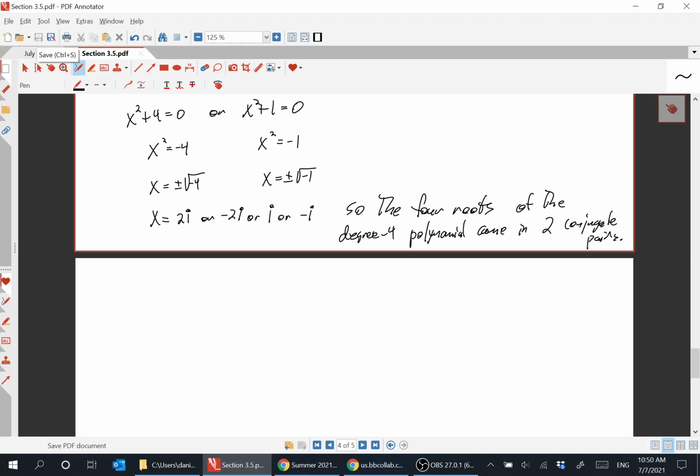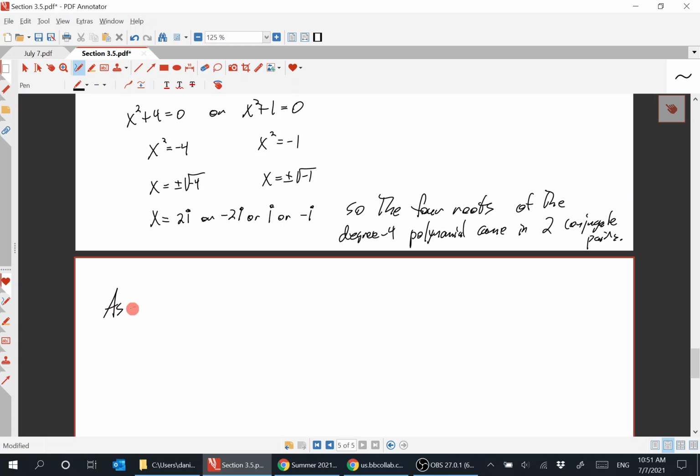So since complex roots come in pairs, what about a polynomial of odd degree? A polynomial of odd degree, by the fundamental theorem of algebra, is going to have that odd number of roots. But since the complex roots come in pairs, one of those roots has got to be real.